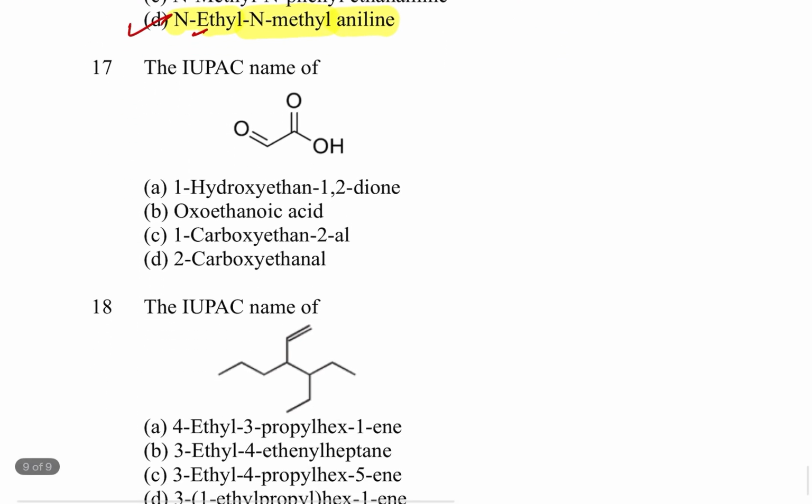Next question, the IUPAC name of this particular structure. What do we find here? We have 2 different functional groups. One is this particular group, another is this group. So what are these groups? This is nothing but carboxylic acid. To this, attached is aldehyde.